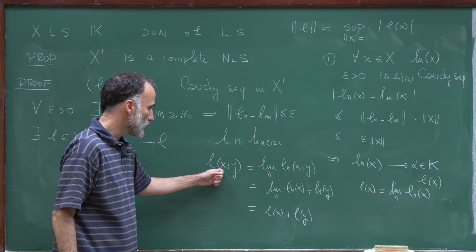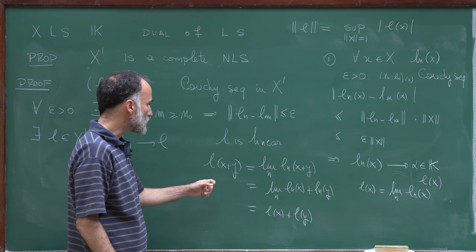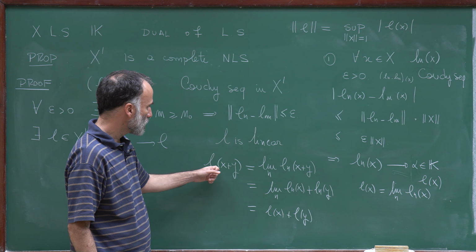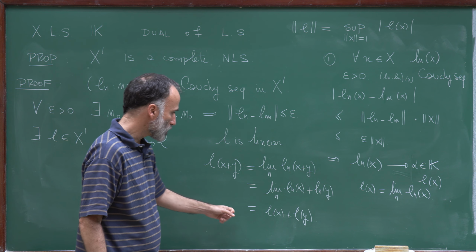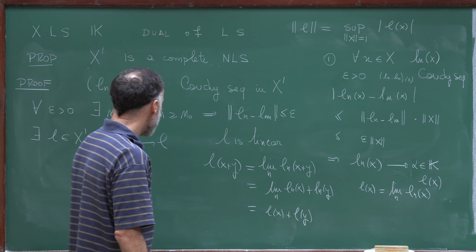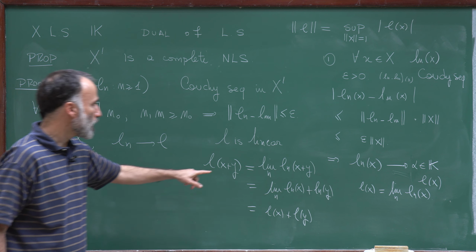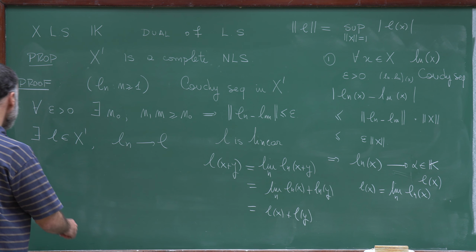So this proves that L of x plus y is equal to Lx plus Ly. In the same way, you can prove that L of alpha x is equal to alpha Lx. So this proves linearity, and the last step consists in showing that, well, L is bounded.